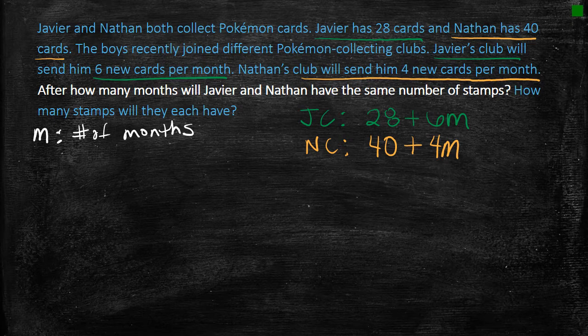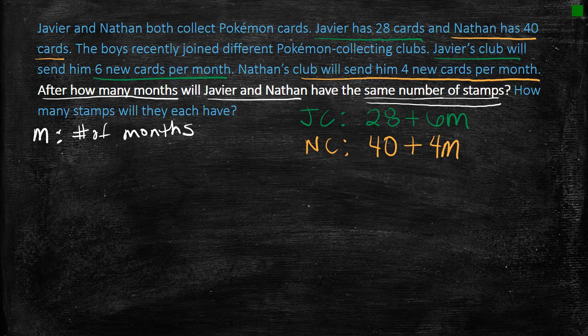So now we're going to go back and look at the question. It says, after how many months will Javier and Nathan have the same number of stamps? Notice that I underlined same with 2 lines to show you that if we want it to be the same, the symbol we're going to use is equal.